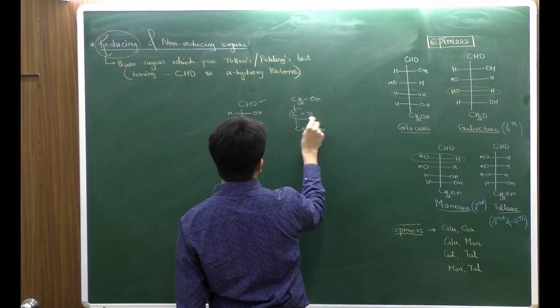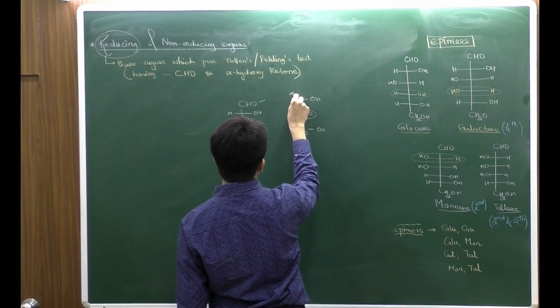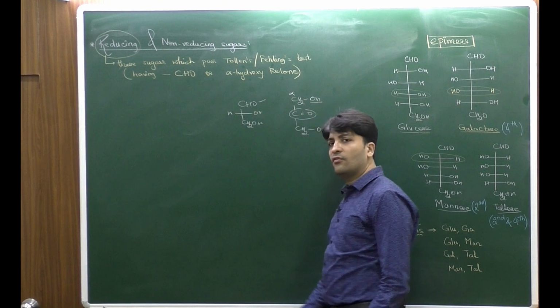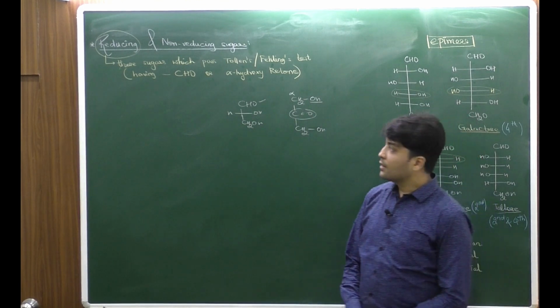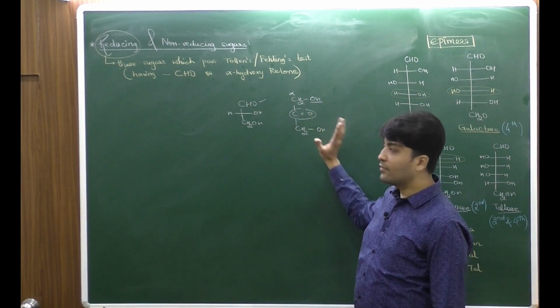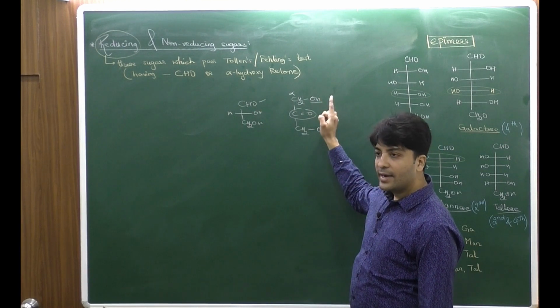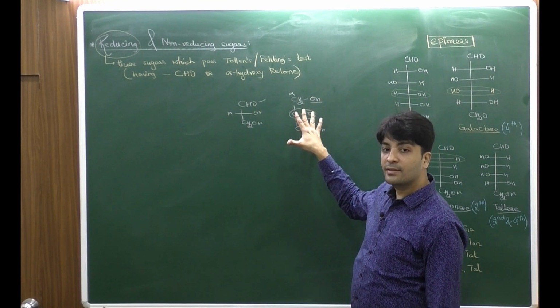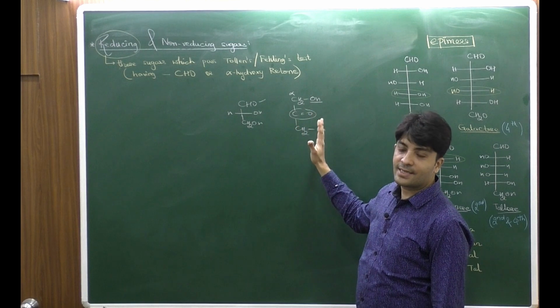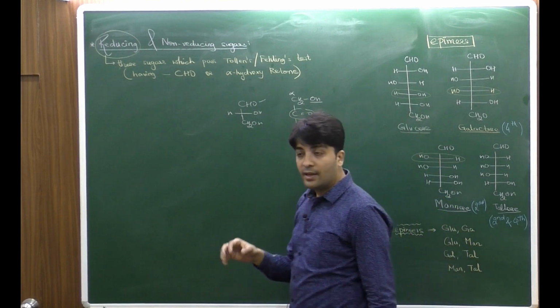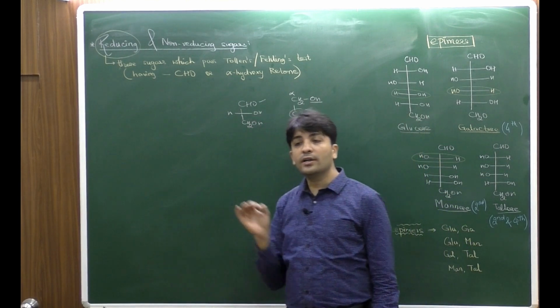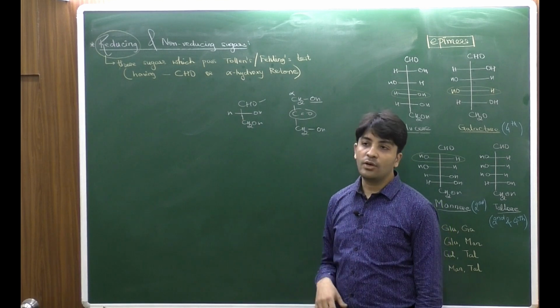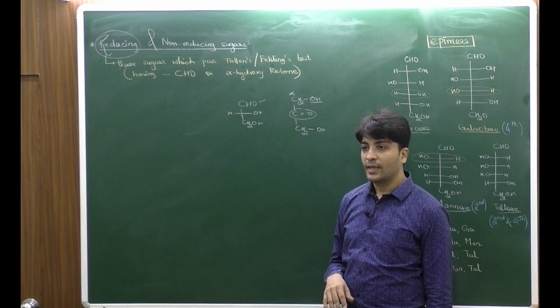So we have a ketone, and at the alpha carbon we have the OH. It's an alpha hydroxy ketone. That means all monosaccharides have the aldehyde or the alpha hydroxy ketone, so they will pass the Rowland's or Fehling's test. Hence all monosaccharides, whether aldose or ketose, are called reducing sugars.